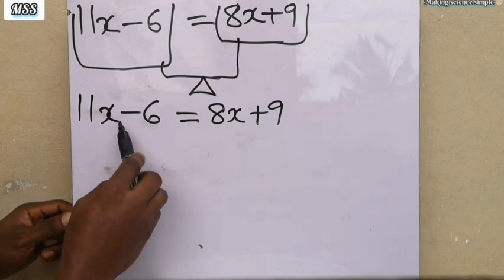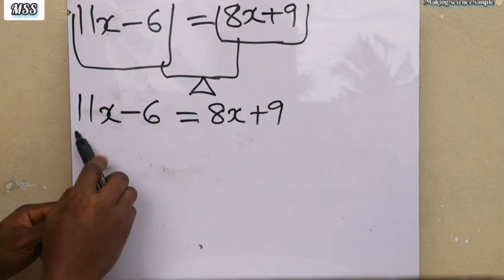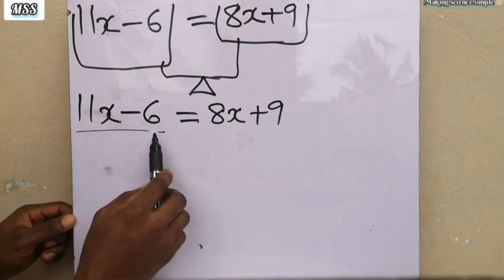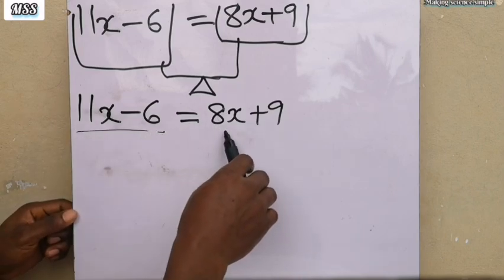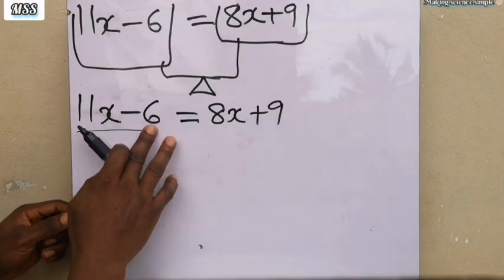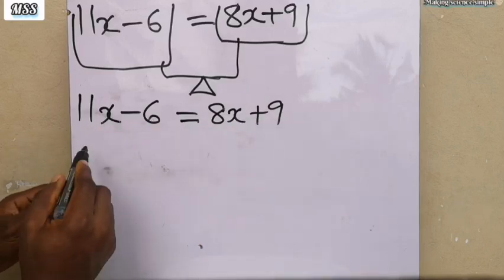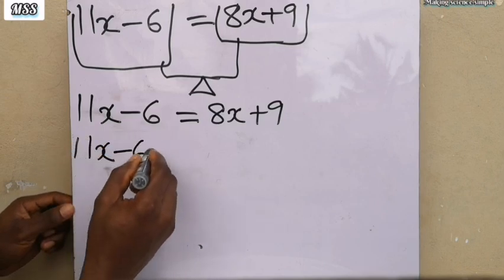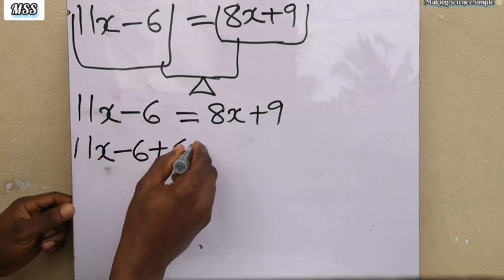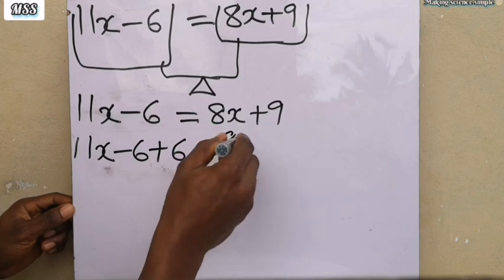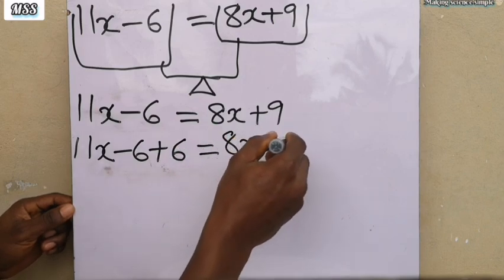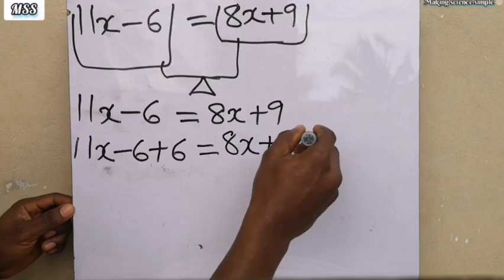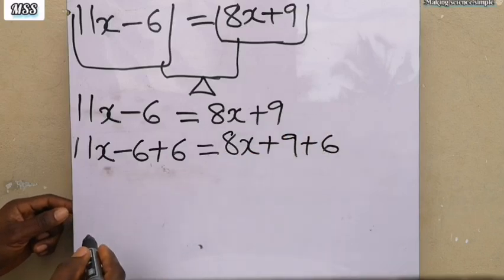Now, we are going to see a way to remove minus 6. For us to remove minus 6 means we will add plus 6 on this side of the equation, and also we will add plus 6 on this side of the equation. So now let's add plus 6 to both sides of the equation. We now have 11x minus 6 plus 6 is equal to 8x plus 9 plus 6.